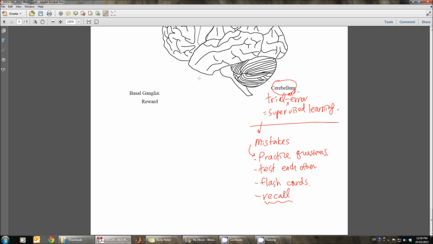In week 11, we covered the basal ganglia learning, and this is characterized by reinforcement learning. It's mainly positive reinforcement, and positive reinforcement comes from the reward. So pleasure.